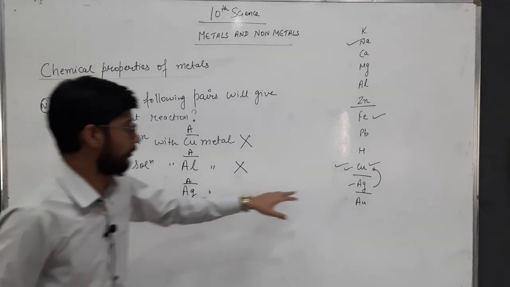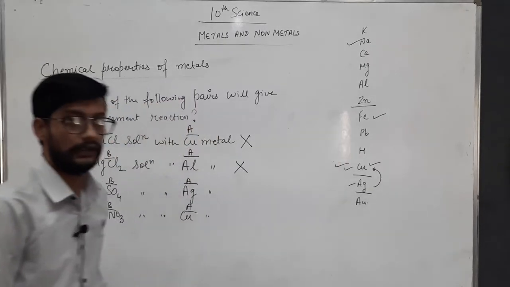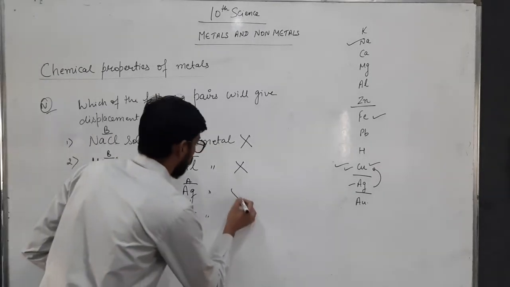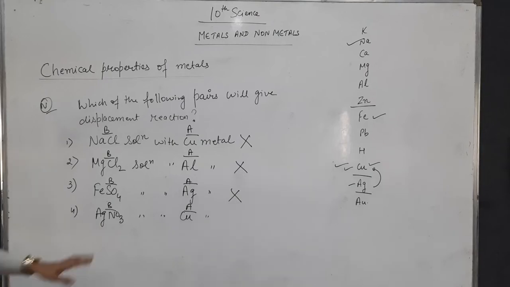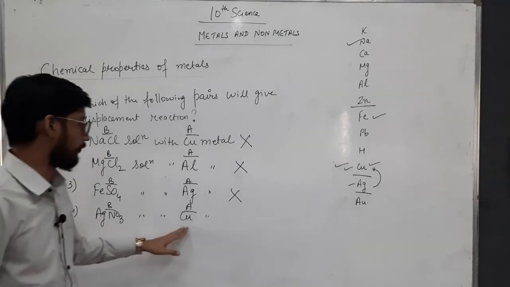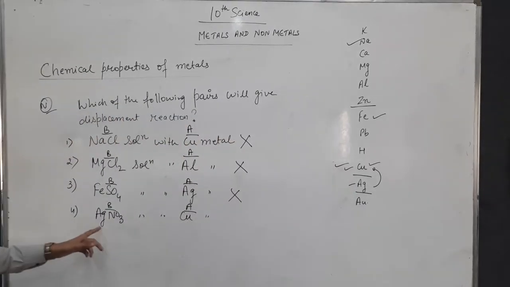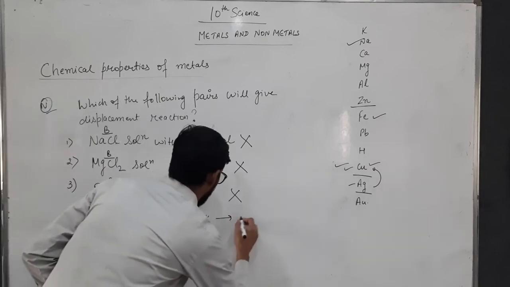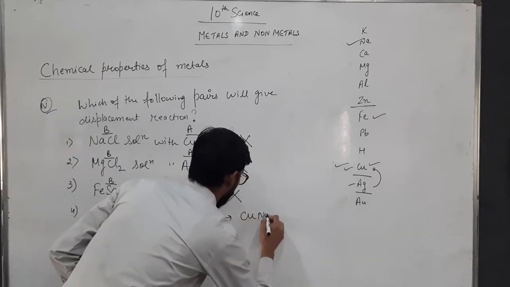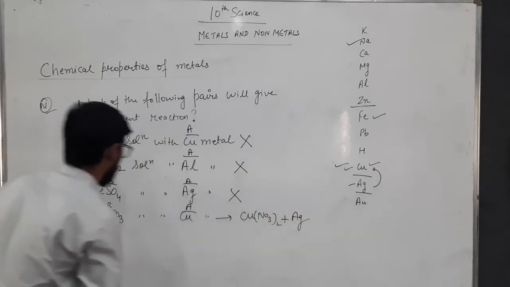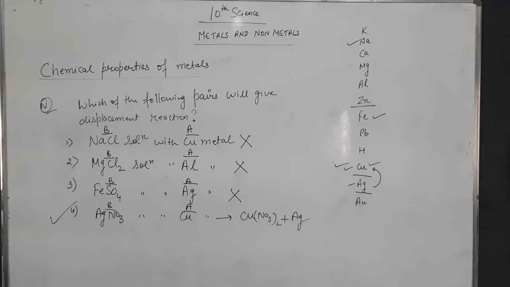Silver has less tendency to displace because silver is less reactive than iron, so it will not displace. Fourth is AgNO3, that is silver nitrate, reacting with copper metal. So copper is more reactive than silver, so this copper will displace silver and it will form CuNO3 twice plus Ag. So here a displacement reaction takes place.